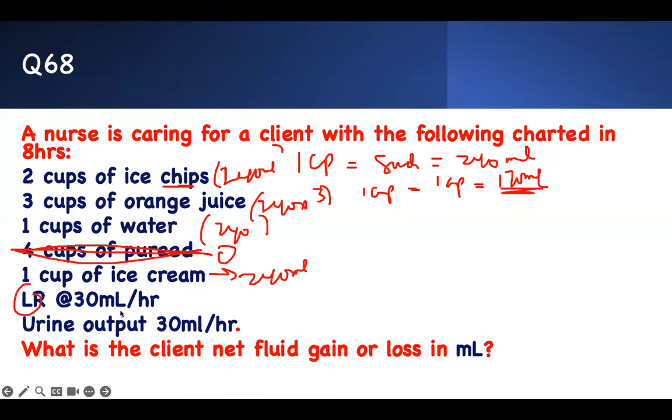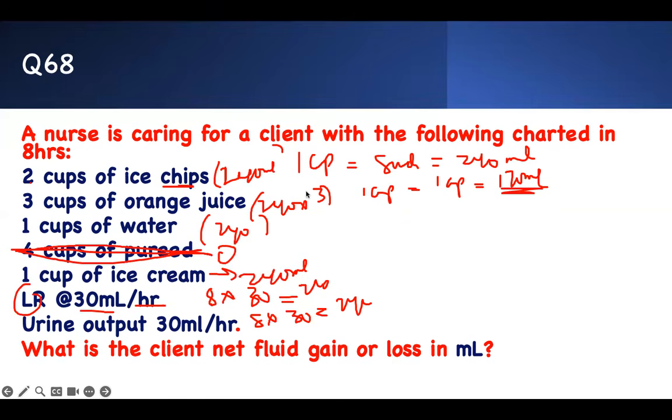Then the patient is receiving LR at 30 ml per hour, so 8 hours, 8 times 30. Then you add the total. Urine output is 8 times 30. Then you add all of them. That will be the total fluid gain or loss.